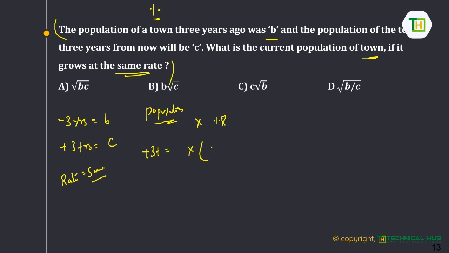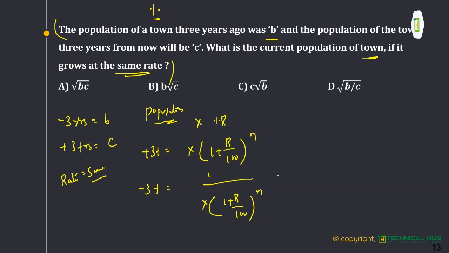X into 1 plus R by 100, whole to the power of N. Similarly, before 3 years, the formula is 1 by X into 1 plus R by 100, whole to the power of N. Here N is nothing but the number of years.